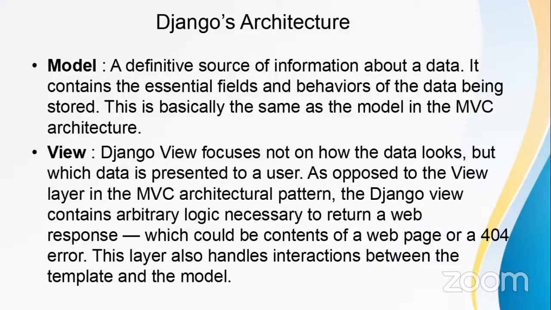So the Django view contains arbitrary logic necessary to return a web response. A web response could be a web page. Let me just take time to explain this. In a single HTTP request, we have a client sending a request to a server, and the server sending back a response.